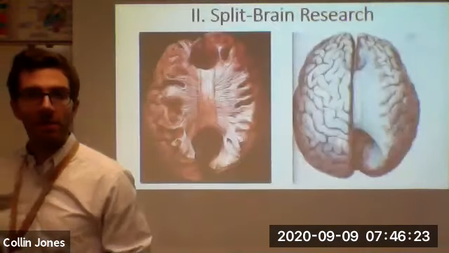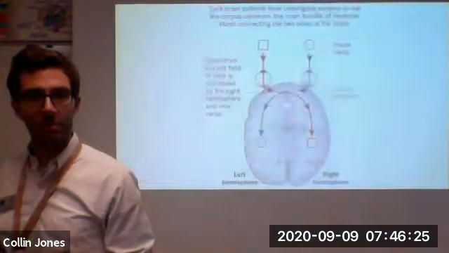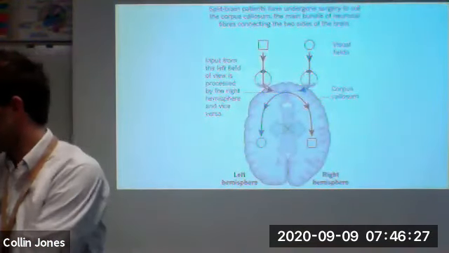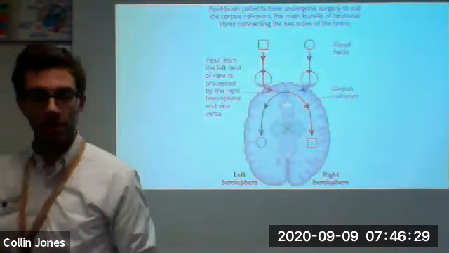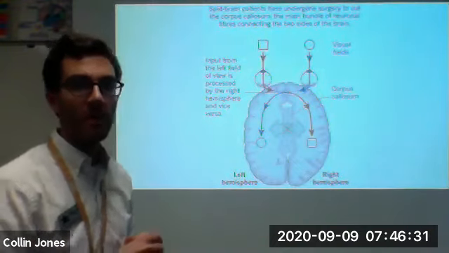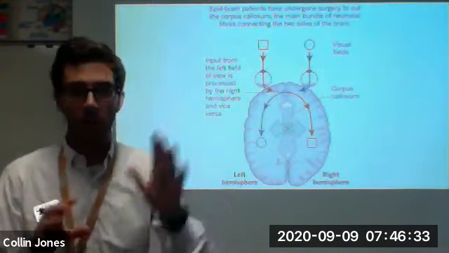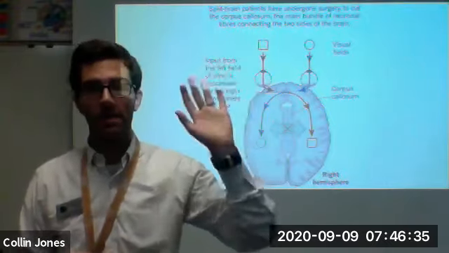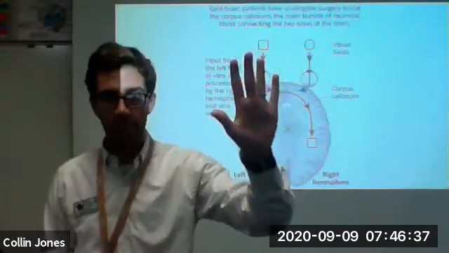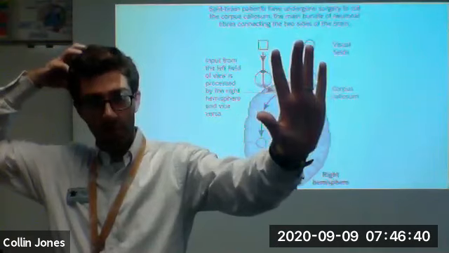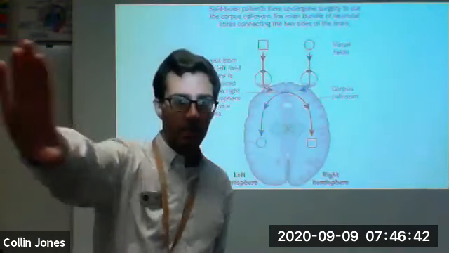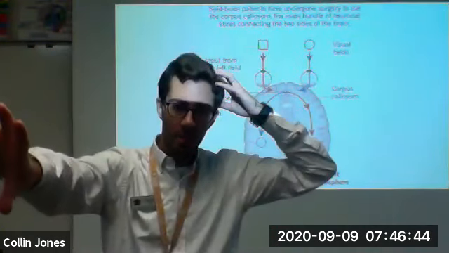However, sometimes some interesting things happen with these split brain patients, and here's why. This is a little confusing. I'll post a video that will help explain it, okay? You may not be aware of this, but when you are looking out in the world, this is my left, the stuff that I see to the left, it actually goes to the right half of my brain. And the stuff that I see to the right, it goes to the left half of my brain.